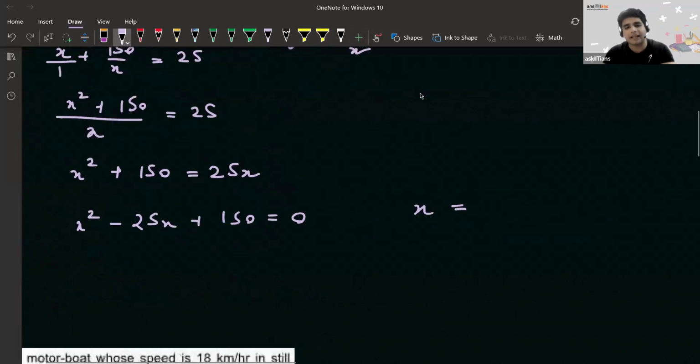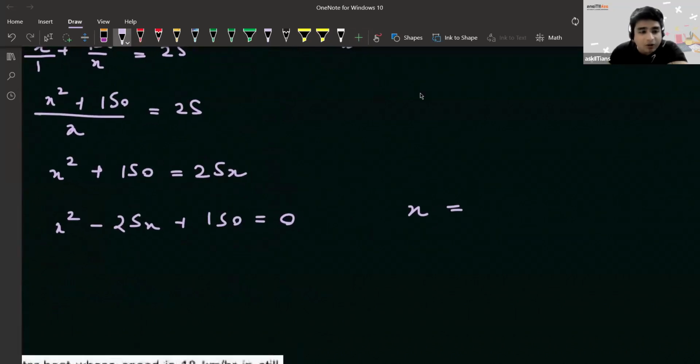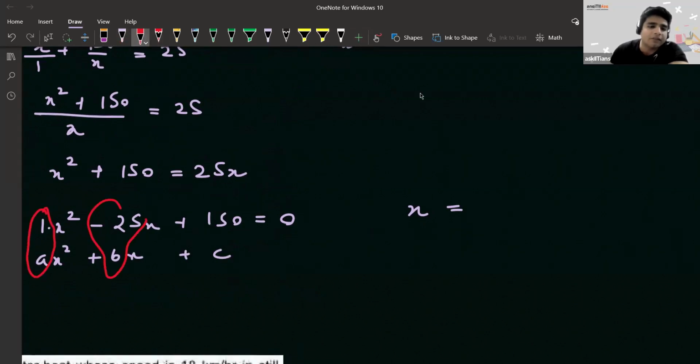That is going to be what, everyone? X is equal to, now see, ax square plus bx plus c, right? My a is 1, my b is minus 25, and my c is 150, everyone.